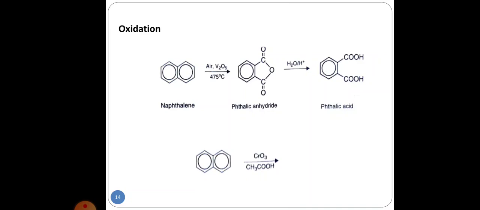There is one more method. By treating the naphthalene with oxygen and vanadium pentoxide at 475 degrees centigrade, phthalic anhydride is obtained.